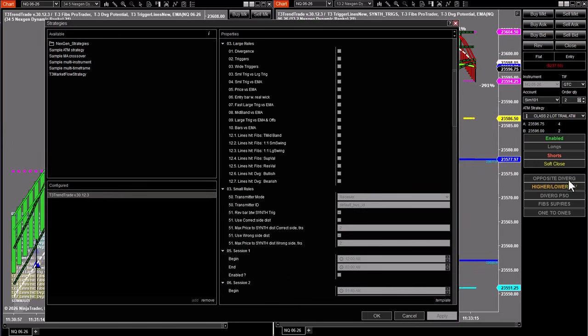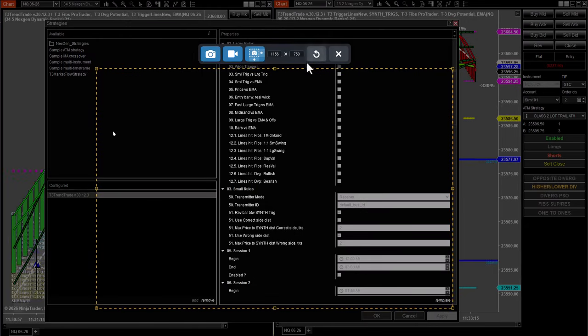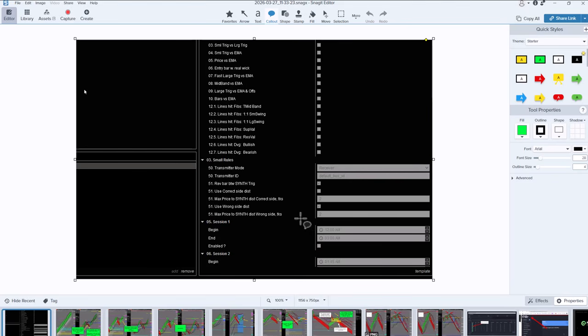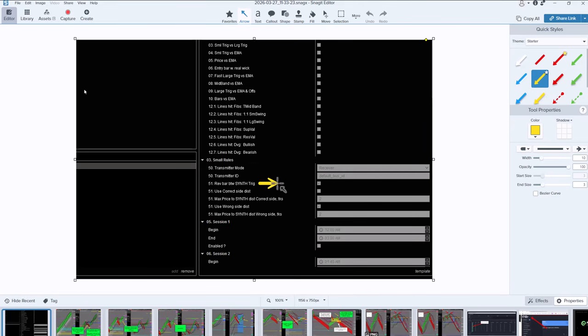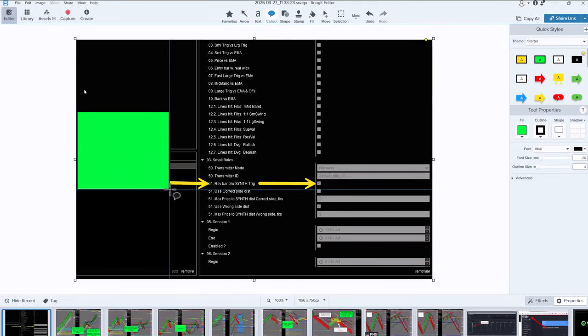Okay, so right here, this input. So we want a reversal bar inside, in between the synthetic triggers, just to give you guys an explanation of why. Inside.